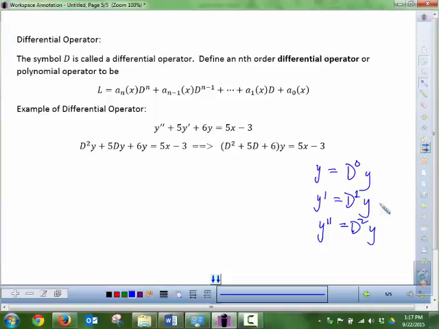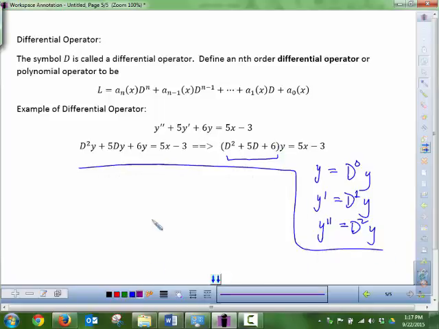And with this notation, it turns out to be a nice convenient notation for us, because we can call this whole thing your linear operator. This is your derivative operator. Okay? So just as another example, dy/dx plus 3y is equal to 2x, or something like that.